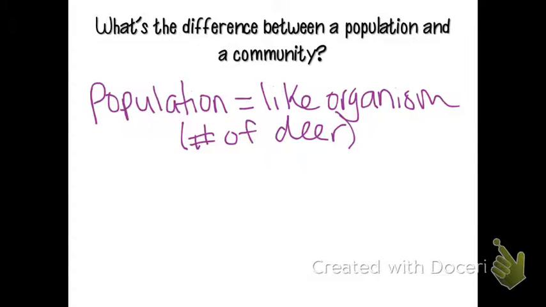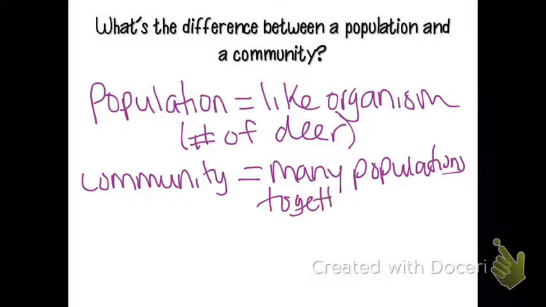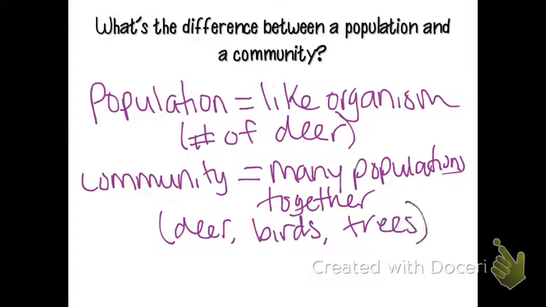We're only talking about the number of one type of organism. Okay, a community is going to equal many populations together. So for instance, a community might be the deer along with the birds and the trees. Those populations together would be considered a community.